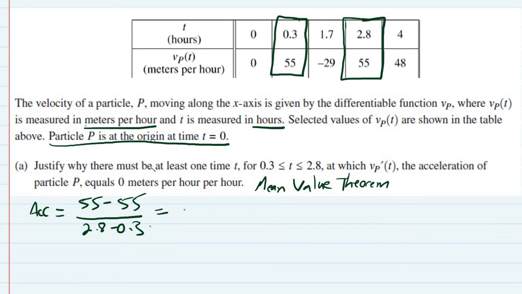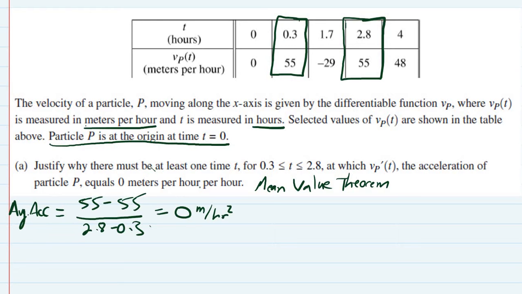That obviously is 0, right? So 0 meters per hour squared. So that's the average acceleration. That tells me then there's at least one point in time between 0.3 and 2.8 where the instantaneous acceleration is 0 meters per hour squared.